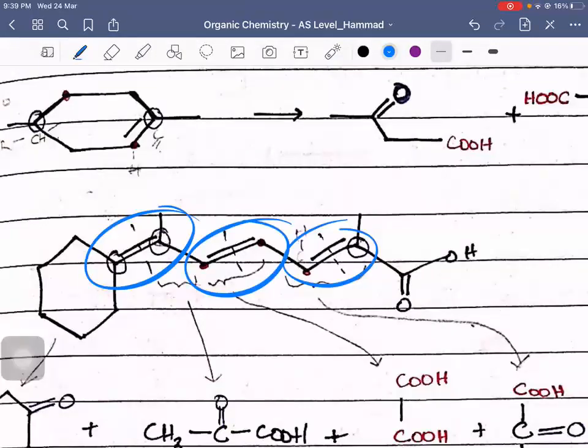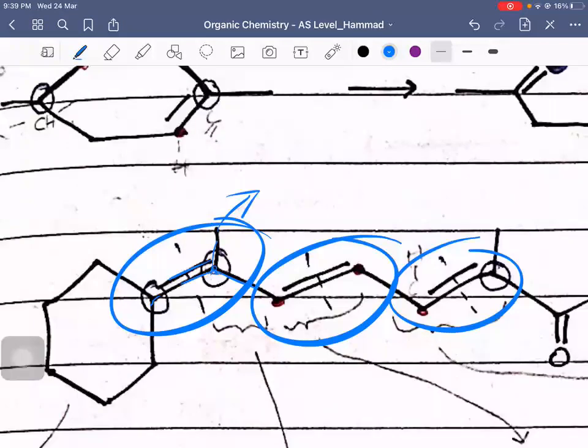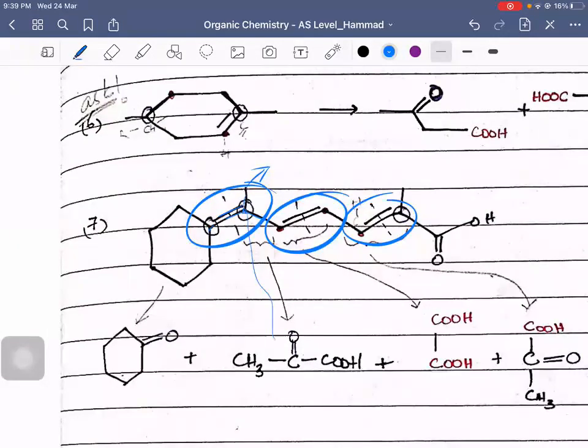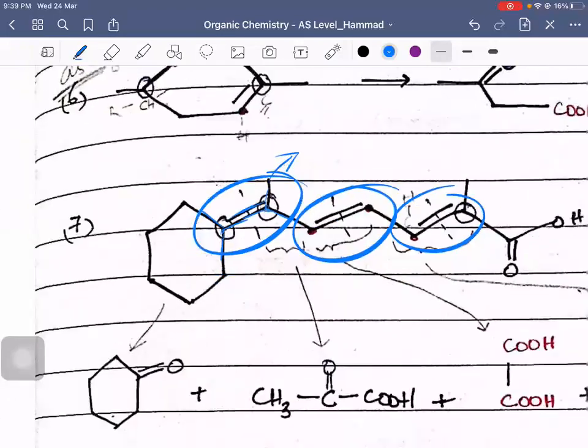Detect the carbons. This is CH3. Look at this carbon: one bond, two bond, three bond, four bond. It has no hydrogen, so it will be converted into a ketone. A ketone is basically this part. This carbon also has one bond, two bond, three bond, four bond. It gets converted into a ketone.